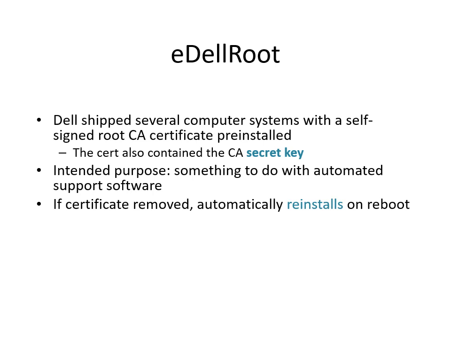But what Dell did is they created their own root certificate authority and pre-installed it on Dell computers. And then they actually included the secret key with the certificate. So that means every single person who bought a Dell computer had the secret key for this certificate. And as an owner of a Dell computer, you could use this secret key to generate certificates for Dell that other Dell computer owners would trust, so you could attack other people with Dell computers.